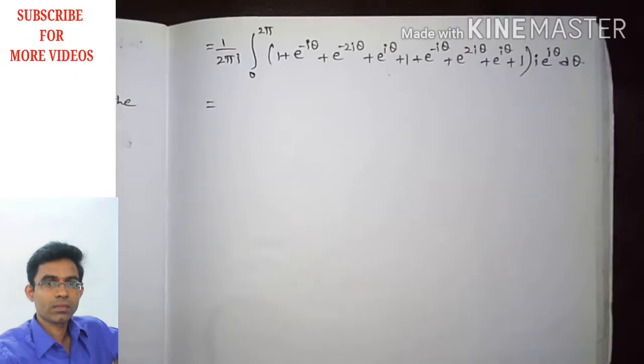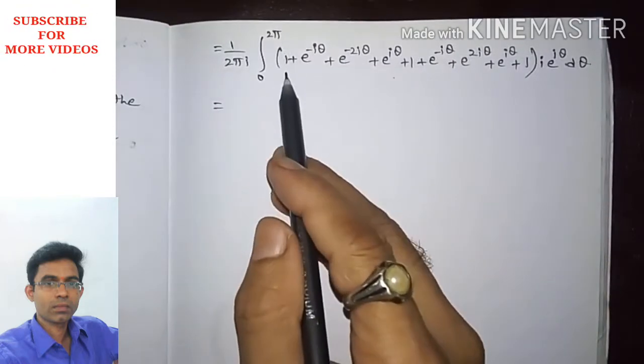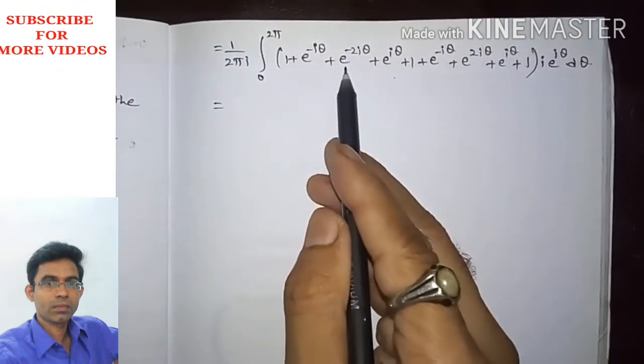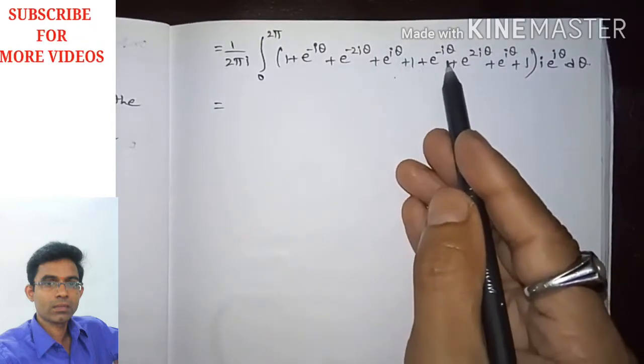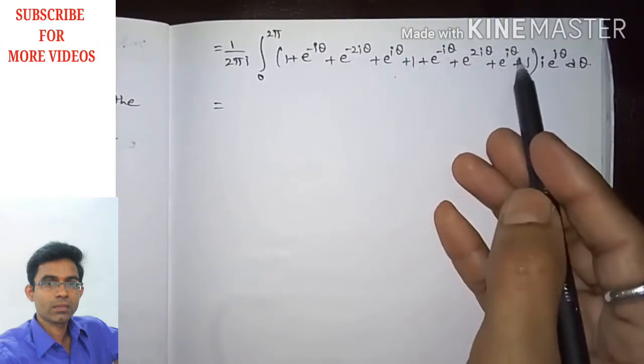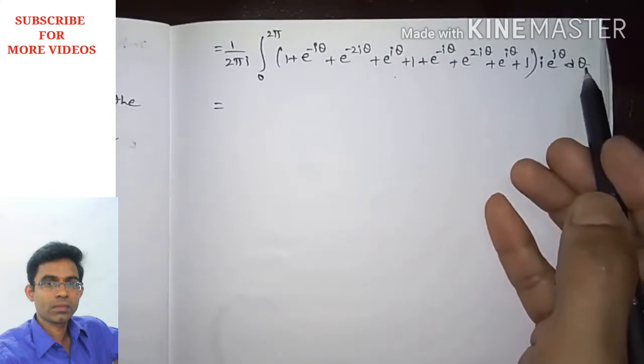Okay, is it clear? So we have 1 by 2π integral 0 to 2π of (1 + e^{-iθ} + e^{-2iθ} + e^{iθ} + 1 + e^{-iθ} + e^{2iθ} + e^{iθ} + 1) into i e^{iθ} dθ.